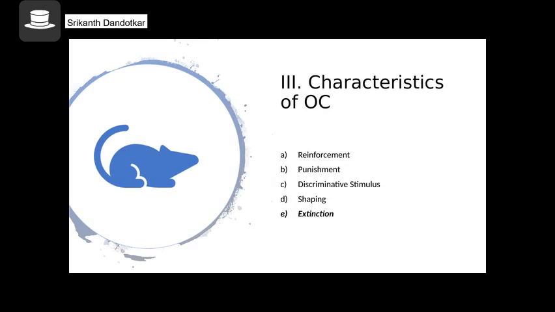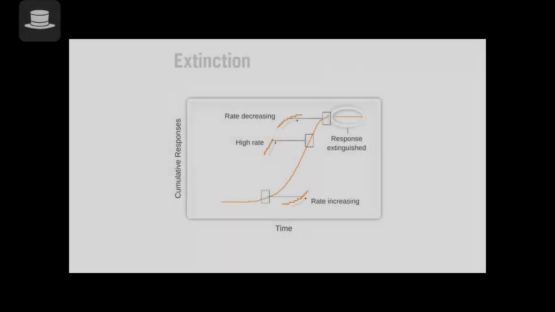Well, this brings us to the last principle of operant conditioning, extinction. Extinction in operant conditioning is the process by which the association between response and reinforcer is broken.